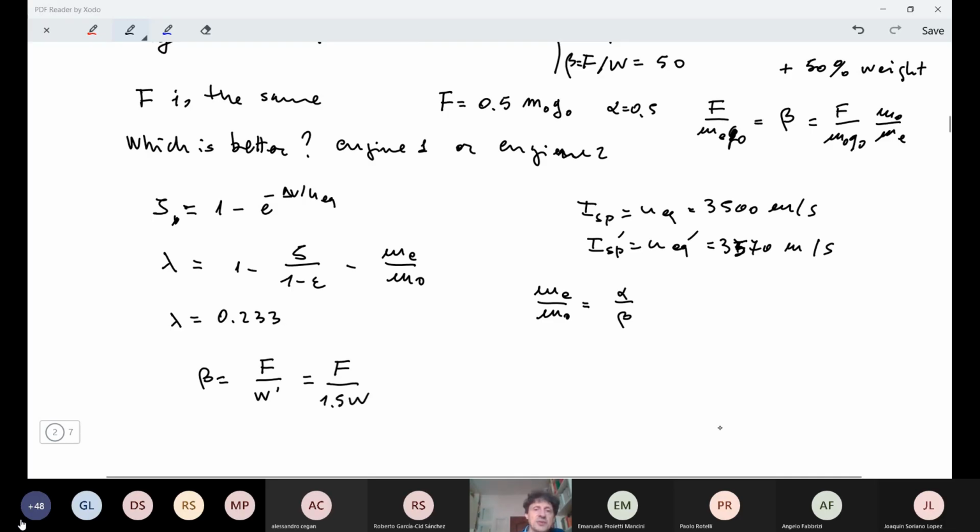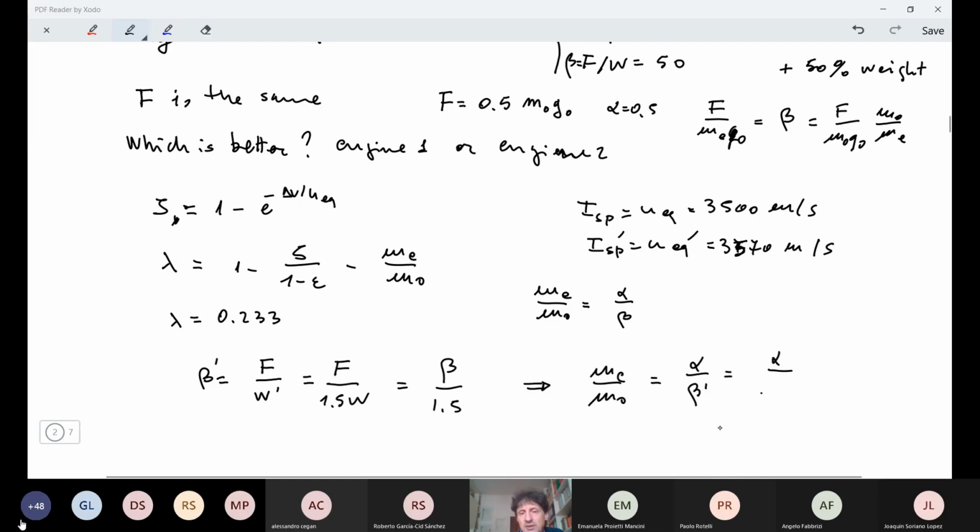Because we have this increase of 50%, we have to replace the former beta by this one. So this beta prime will be beta over 1.5. So our ME over M0 will be alpha over beta prime.